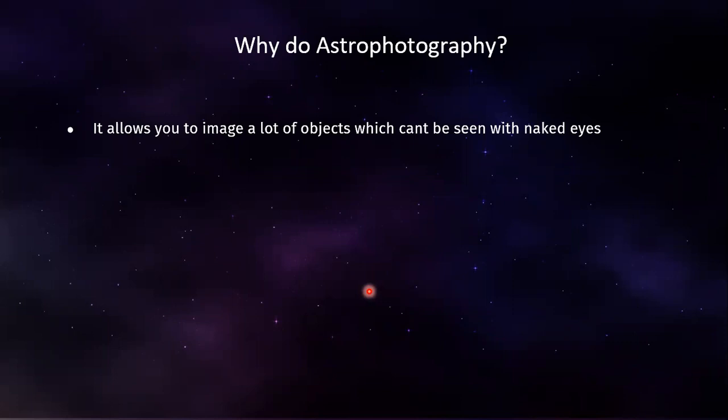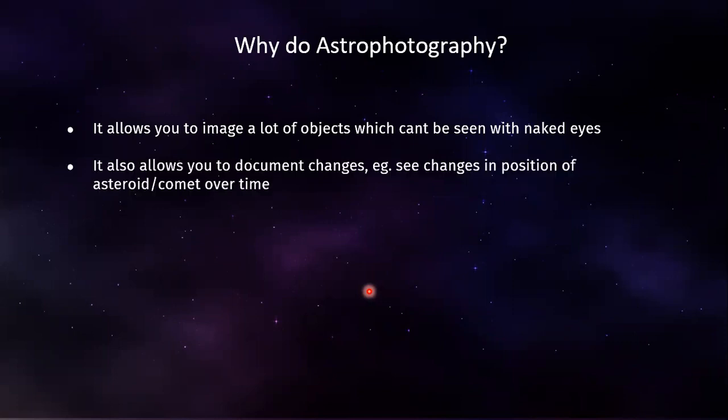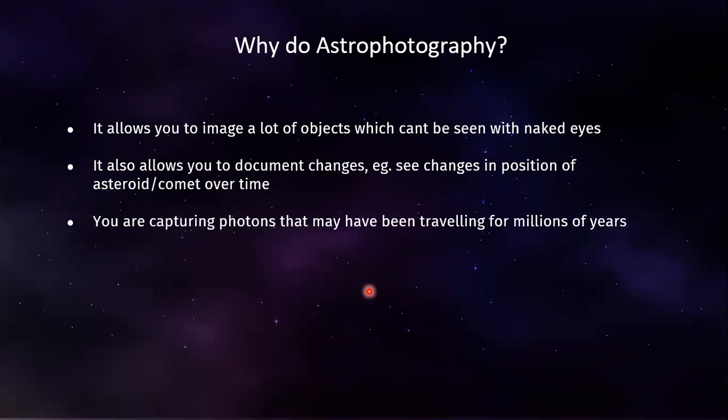They can only be pictured through photography. Next, if you want to see changes in the position of some object, for example a comet or an asteroid, you will need to take pictures of that object over successive days to see how it is moving.